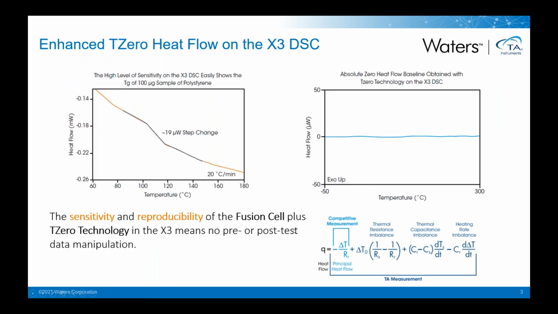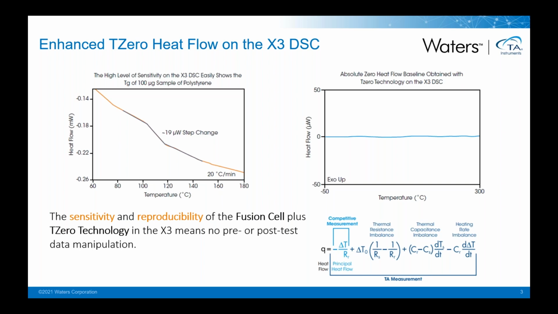So the X3 DSC is somewhat of an adaptation of our standard single sample systems. It uses an enhanced Tzero heat flow signal. That Tzero technology and the 4-term heat flow equation that we utilize as part of our Discovery DSC series really does provide sensitivity and reproducibility that, just on its foundation, gives you the confidence that the results you see are accurate.